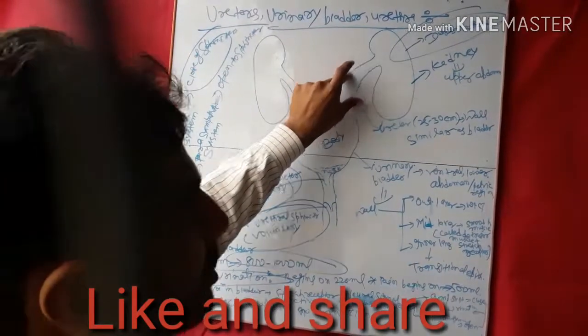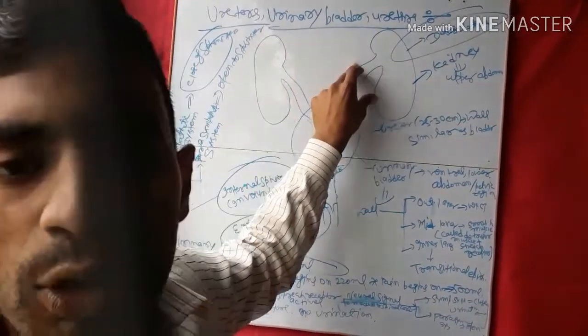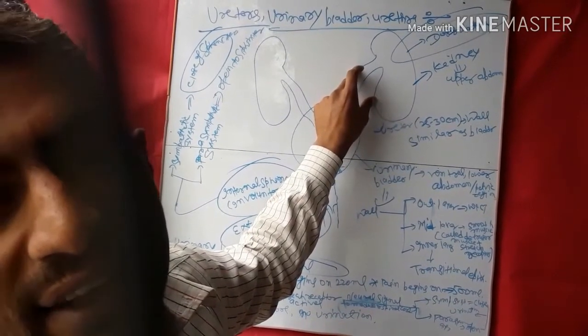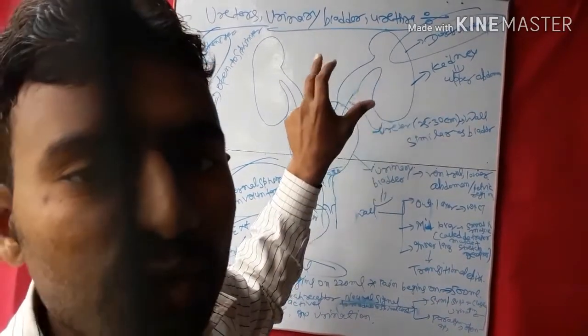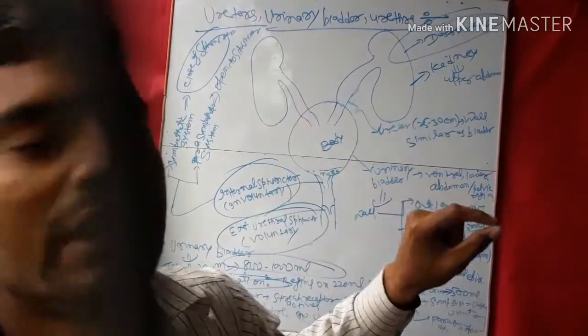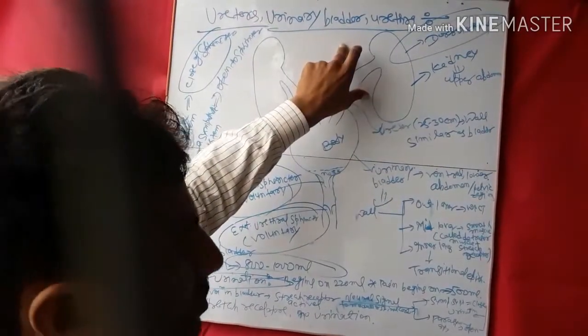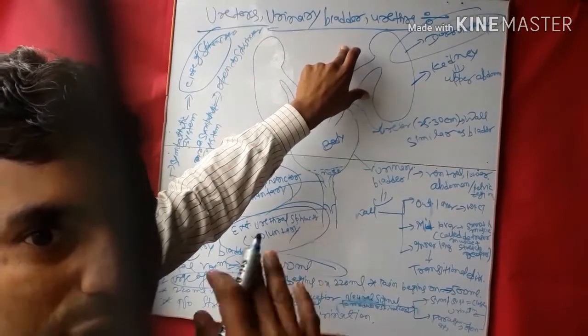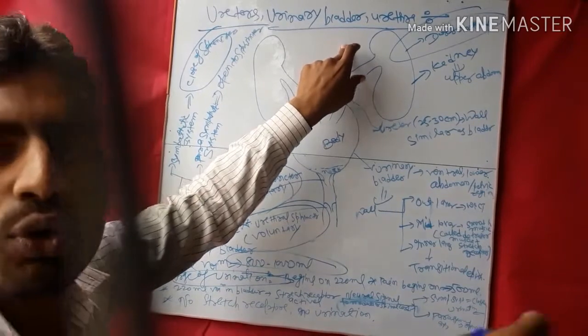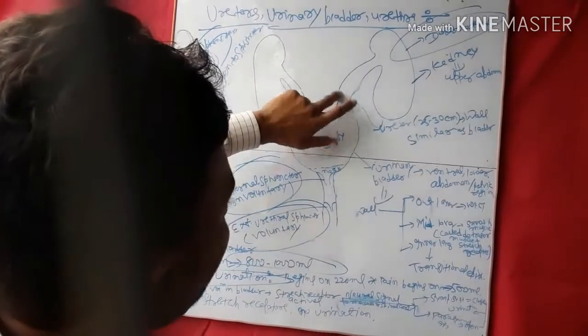The ureter part comes out from the kidney and takes entry into the urinary bladder. This means the ureter comes out from the kidney and goes into the urinary bladder.